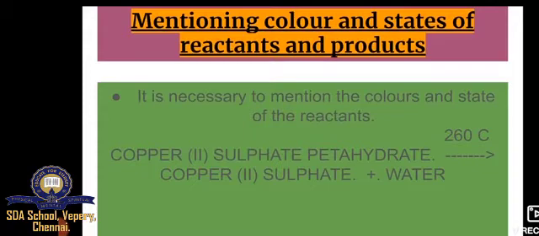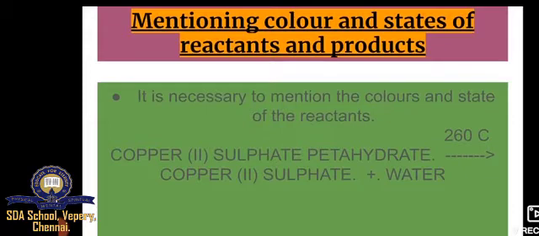Here we have a word equation: copper 2 sulfate pentahydrate. The reactant taken here is copper 2 sulfate pentahydrate. We are giving out the temperature. We need to heat this copper 2 sulfate pentahydrate to 260 degrees Celsius.